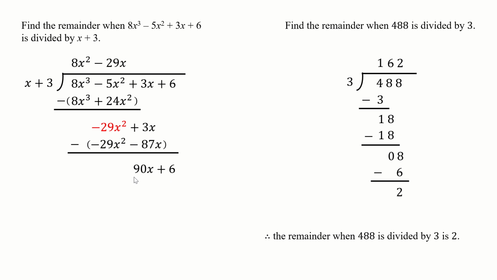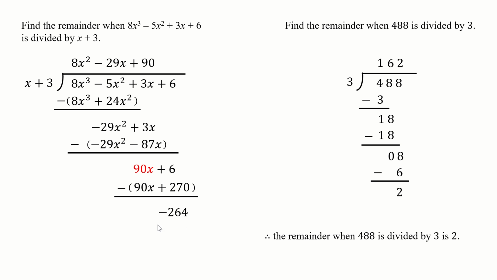Now the 90x is the term with the highest degree, so I focus on 90x. I multiply 90 by x plus 3 to get rid of the 90x. 90 times x plus 3 gives 90x plus 270, and again I put a negative sign and brackets around 90x plus 270 to find the difference, and I get negative 264.